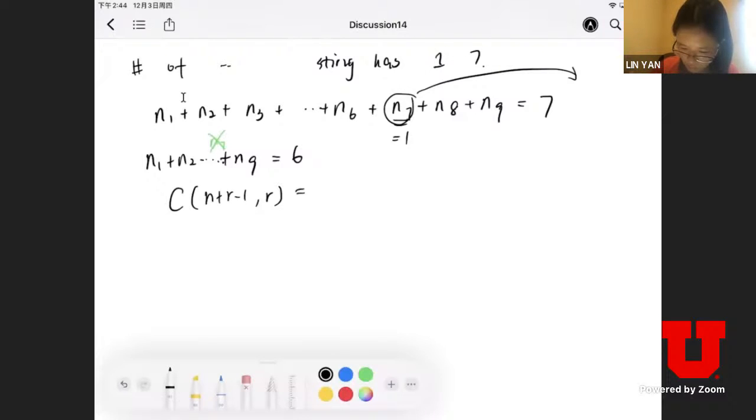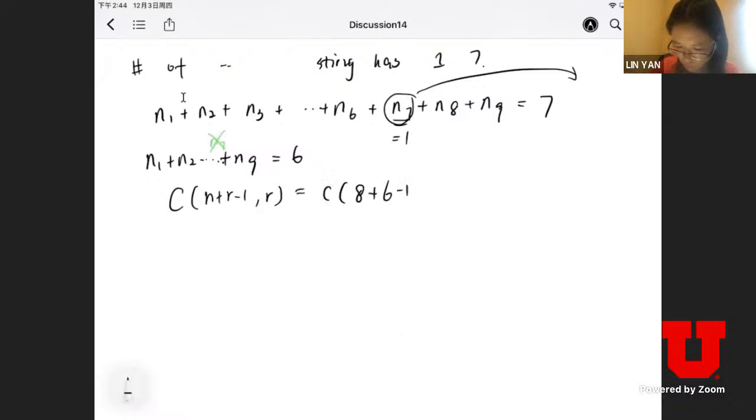So it is equal to 8 plus 6 minus 1 choose 6, which is 13 choose 6.